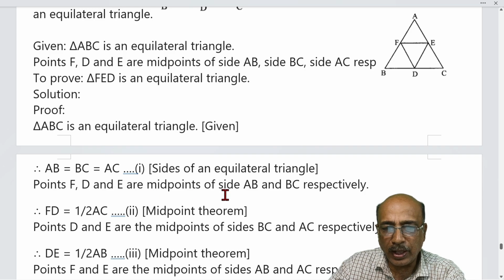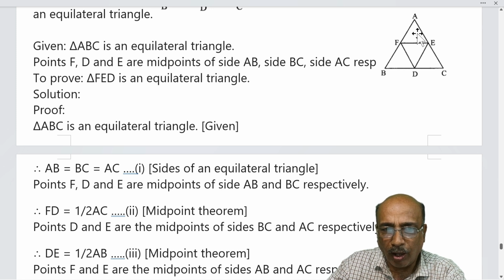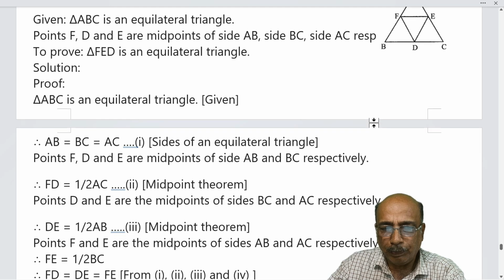Points F and D are the midpoints of AB and BC. Therefore, FD equals half of AC by the midpoint theorem. Points D and E are the midpoints of BC and AC. Therefore, DE is half of AB.